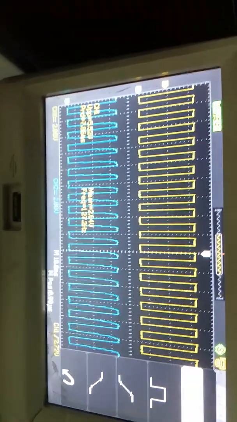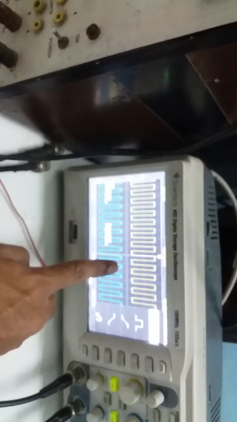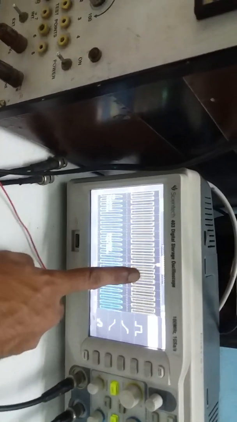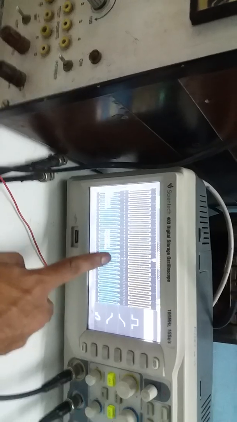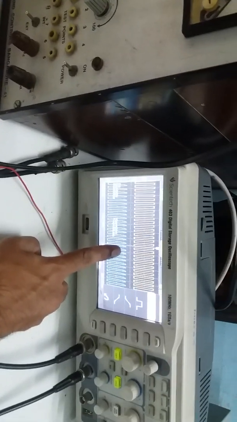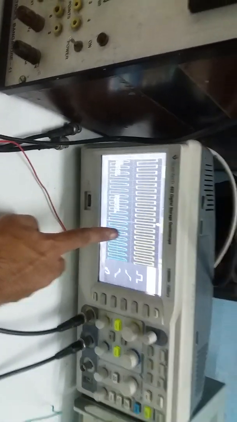So this is the output waveform, along with the capacitor voltage: output at pin number 3 with respect to ground, and the capacitor at pin 6 with respect to ground.